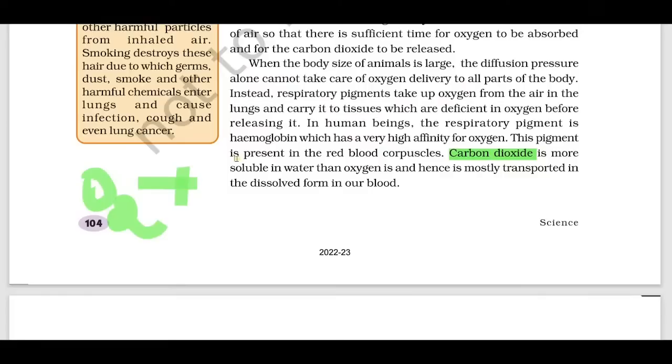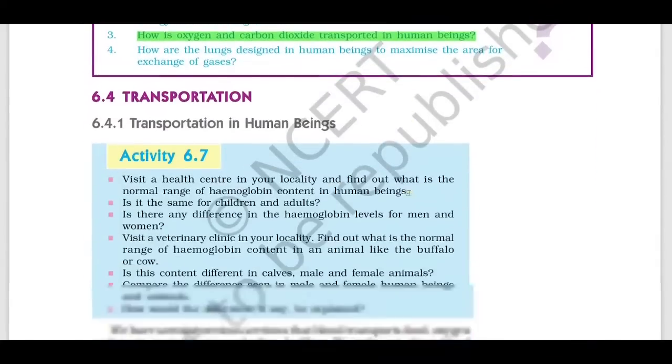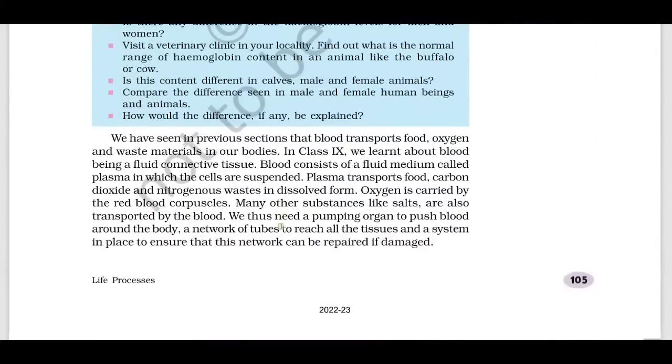Oxygen is transported by the respiratory pigment, which has high affinity towards oxygen, whereas carbon dioxide is transported in the dissolved form. That is, carbon dioxide is soluble in water and it is transported in dissolved form. Next, transportation in human beings.